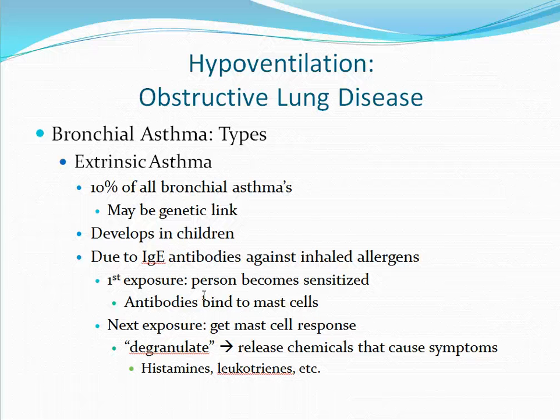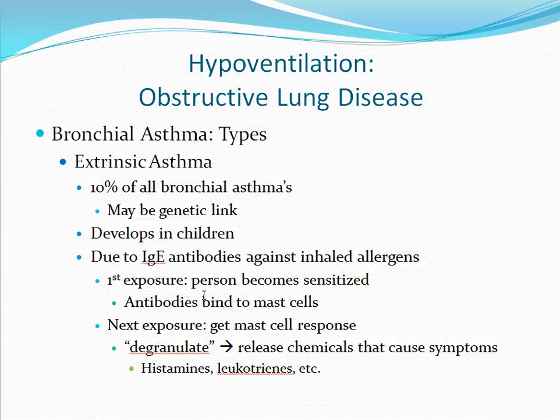When the person is first exposed to these allergens, they will become sensitized. What this means is that they begin to make IgE antibodies to these allergens. Once made, these IgE antibodies will bind to the surface of mast cells, as well as the airway mucosal surfaces and basophils. This makes a person now sensitive to the allergen. When they are exposed again, these allergens will bind to the antibodies on the surface of the mast cell.